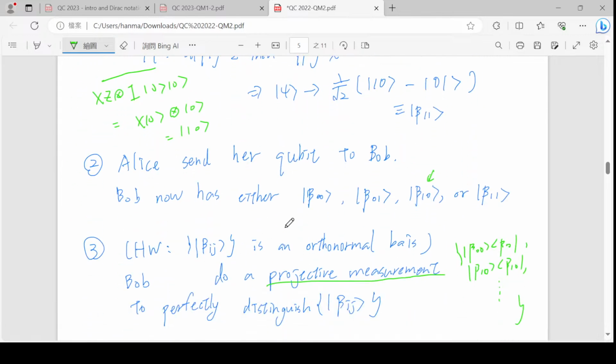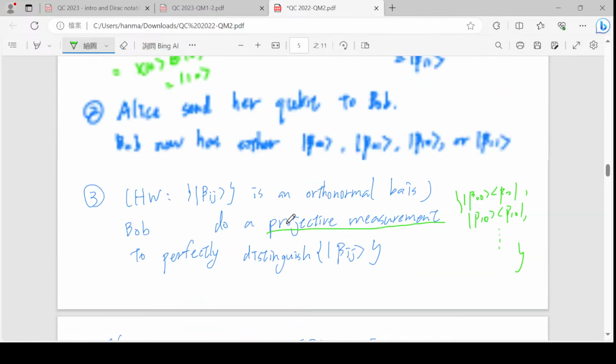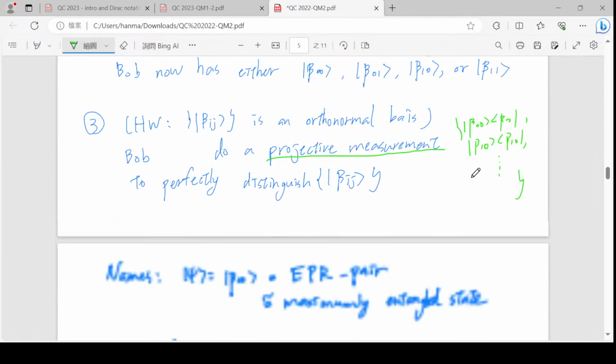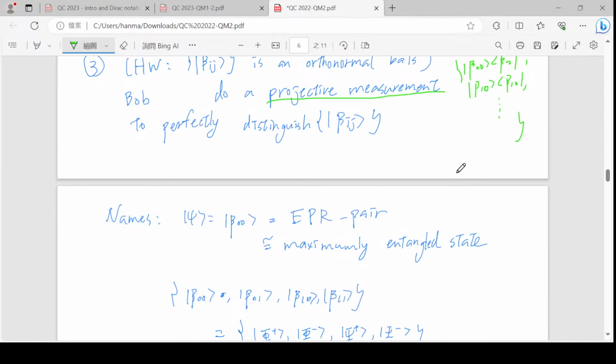Let's talk a little about those beta states. As we said, they are pretty important, and they have a lot of names. So this psi, we actually call it beta 0,0. I think this is the one we'll use most in our class because it's easier to remember and write.